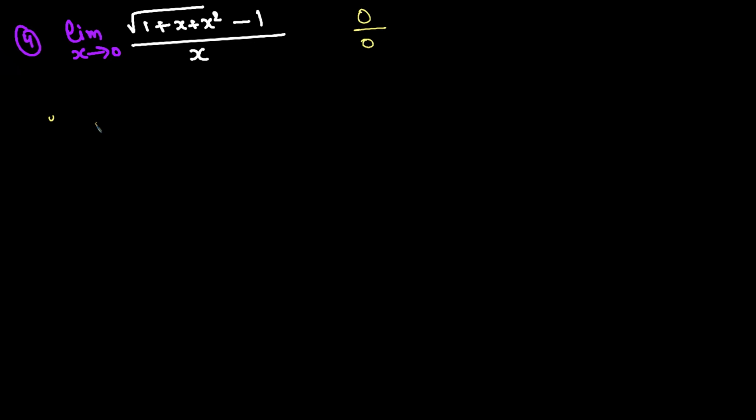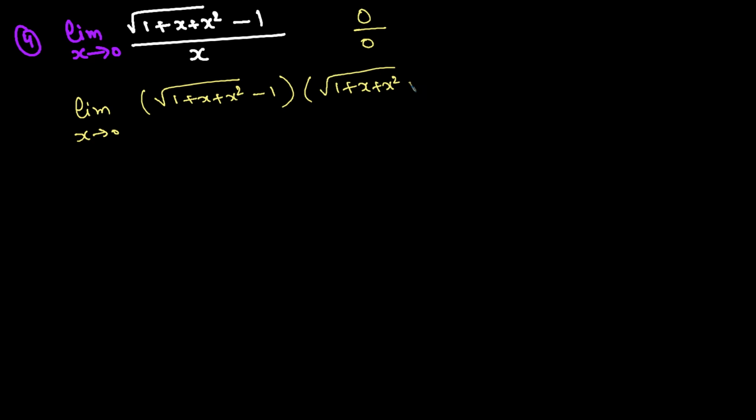So we got the limit as x approaches 0 of square root of 1 plus x minus 1. I'm going to multiply it by square root of 1 plus x plus 1.